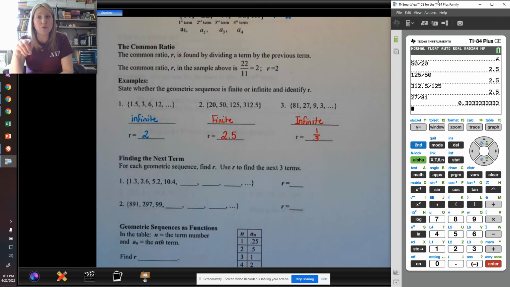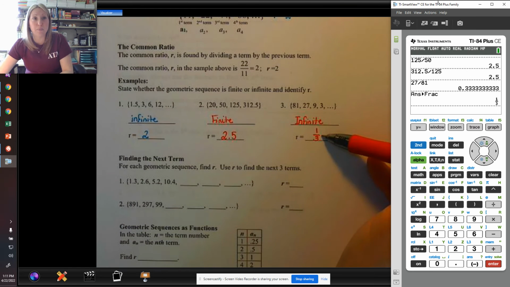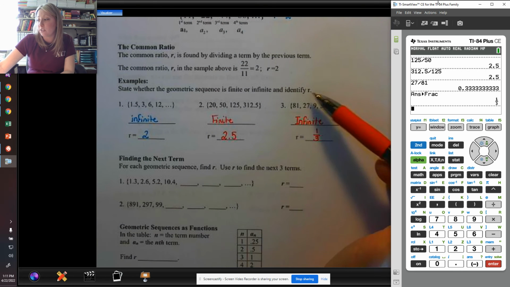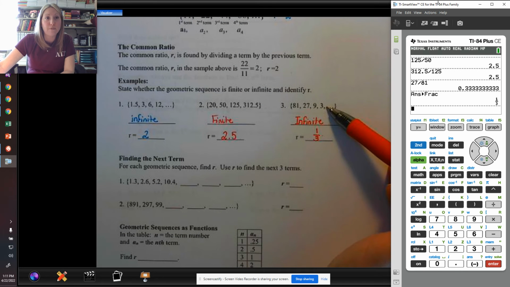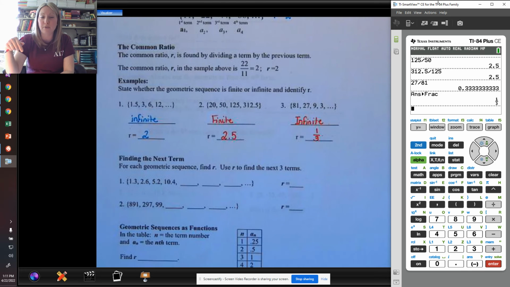If I want to show that in fraction form, I would press math, enter, enter, and I will get 1/3 on my paper so I can match that up. If your sequence is given to you in a fraction, then you want to represent your common ratio in fraction form as well.